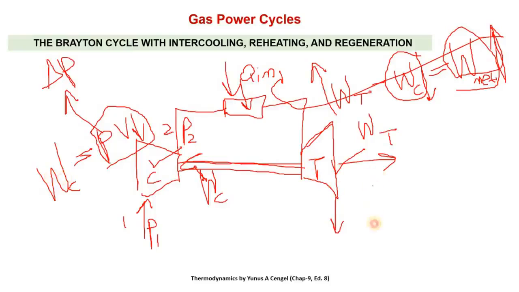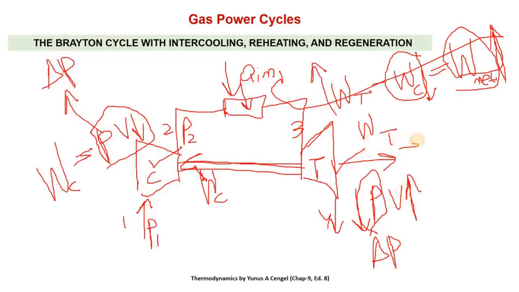Similarly, in case of the turbine, the same PV, here pressure drops and volume increases. So for the same pressure drop from point 3 to point 4, for a fixed delta P, if by some means we can increase the specific volume further, then it will increase WT, because WT is equal to this PV product.